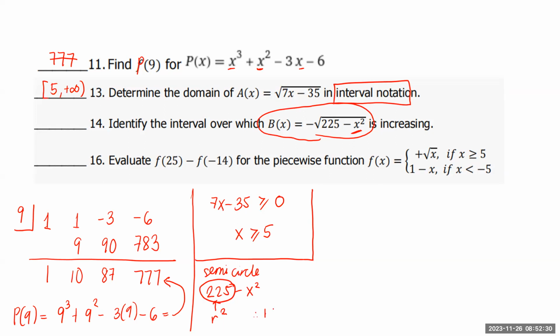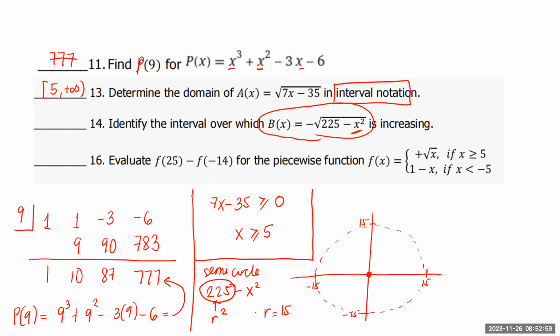Therefore, the radius is the square root of 225, which is 15. Now, to graph the circle, you have here the center of the circle, and the radius is 15. So let's assume that these are 15. Drawing the circle, you have this one.